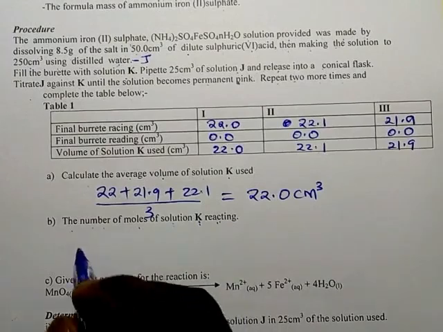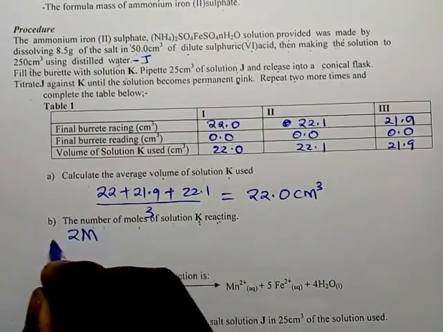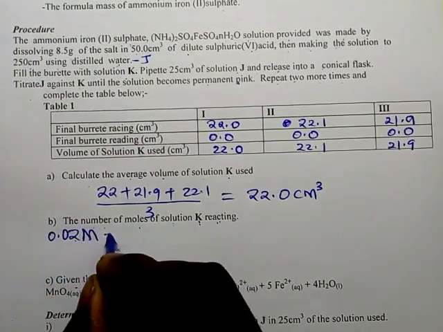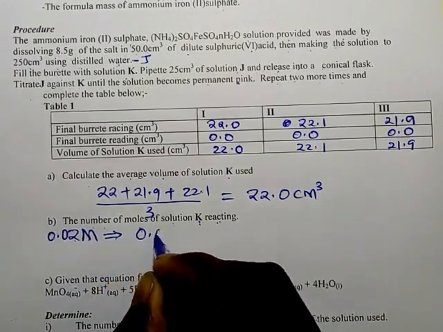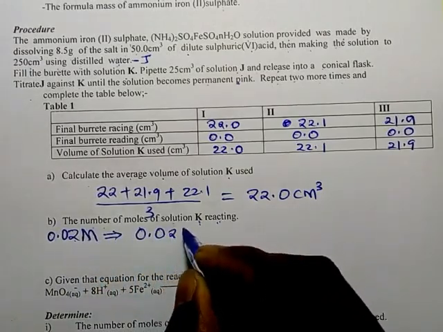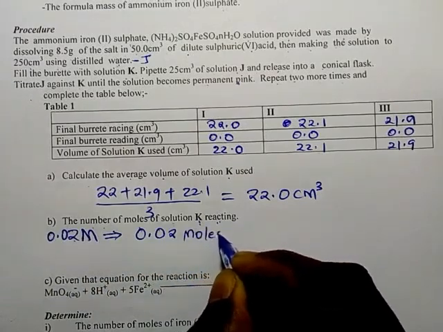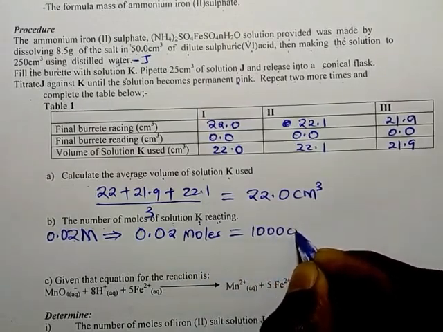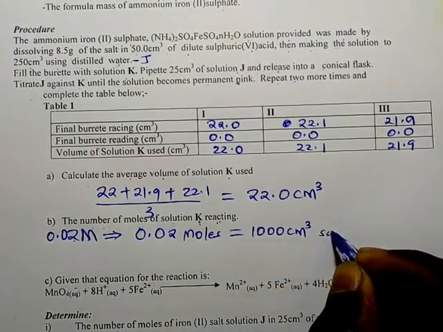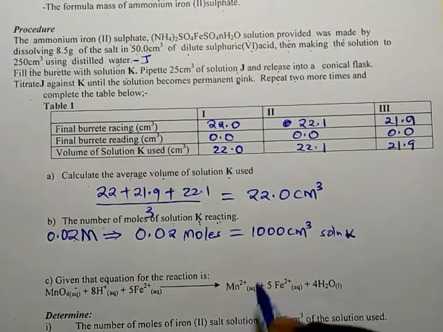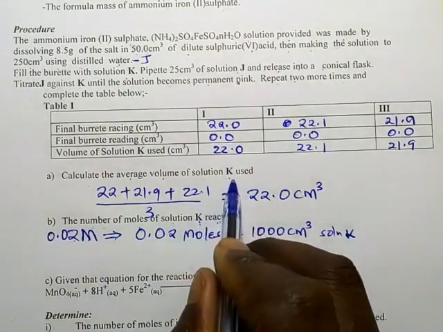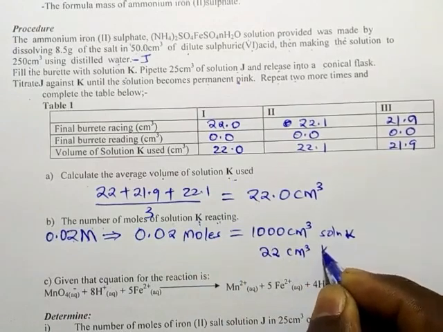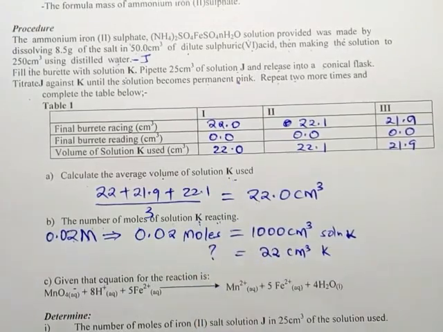So 0.02 is the number of moles contained in 1,000 centimeters cube of solution K. Because the volume used is 22 centimeters cube, K will contain how many moles?